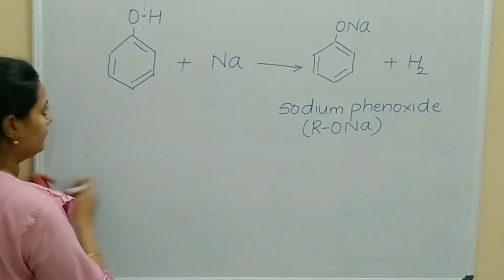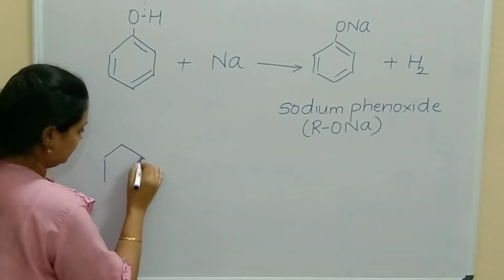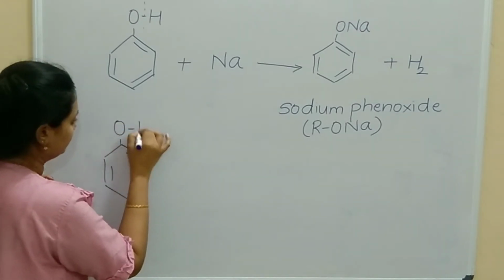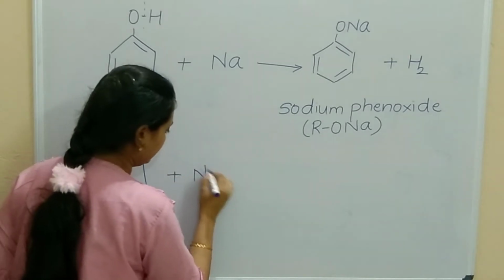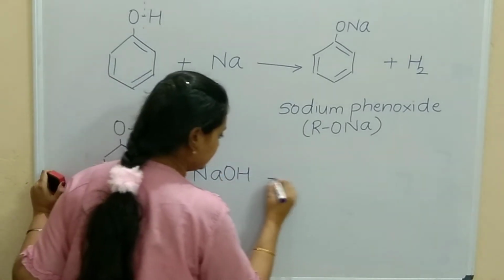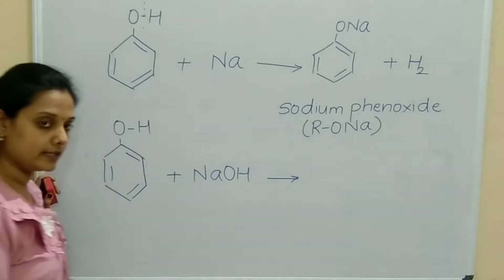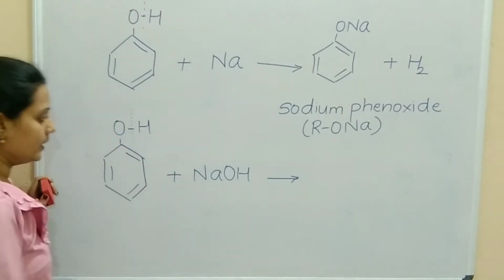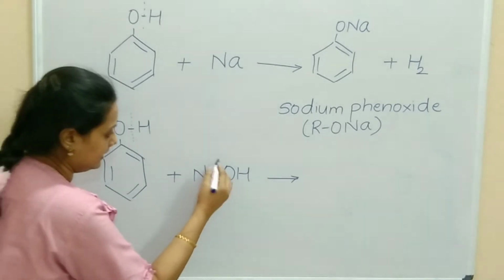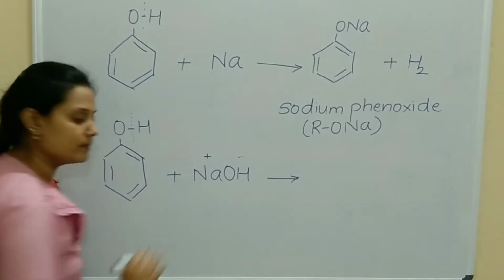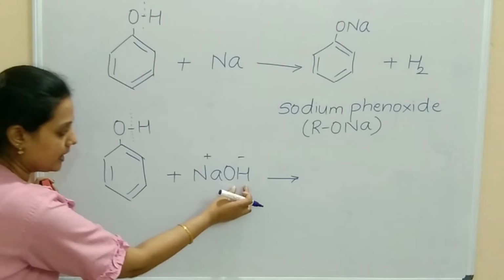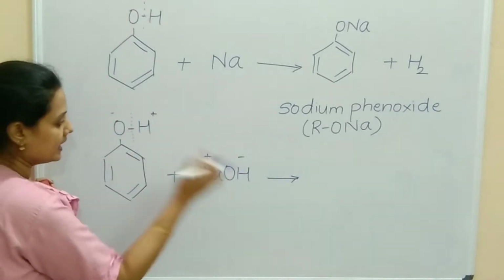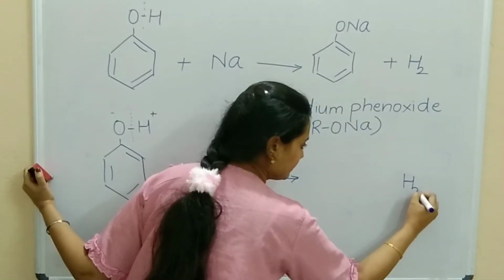Next, the reaction of phenol with NaOH, a base compound. Again the OH bond is breaking here. O is left, Na is positive, OH is negative. O is minus, H is positive, so positive and negative will attach and form water.